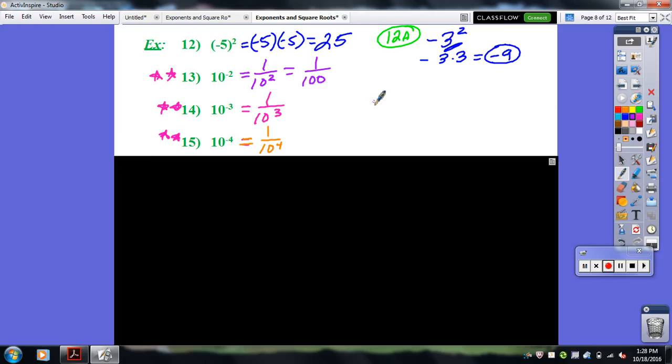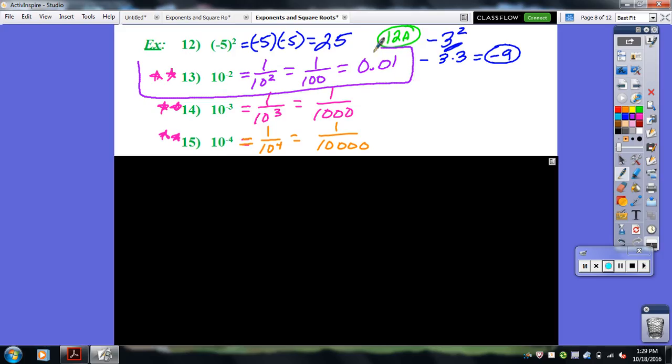Please do the same thing for this one and for that one, as I just did. Well, 10 to the third is 1,000, so this is 1 over 1,000. And 10 to the fourth is 10,000, so it's 1 over 10,000. And going even further, I know that 10 to the second is 100. These are all things you need to have committed to memory.